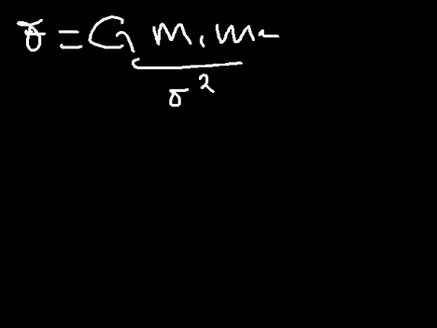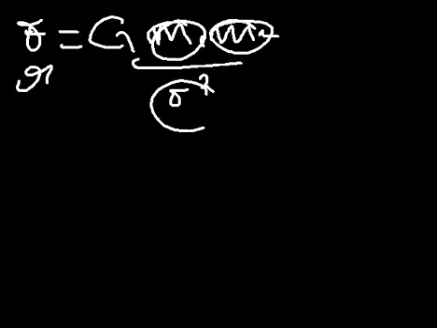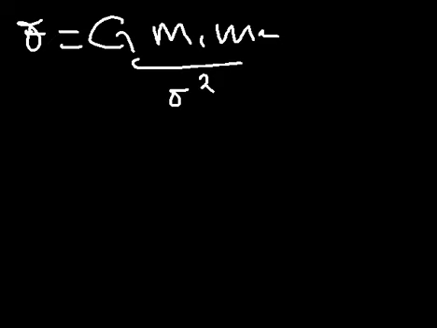Assuming that this is the force, this is mass 1, this is mass 2, and this is the radius, how can you determine the dimensions for the gravitational constant G using dimensional analysis?